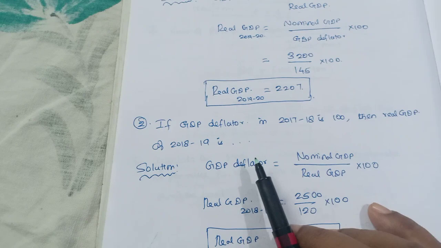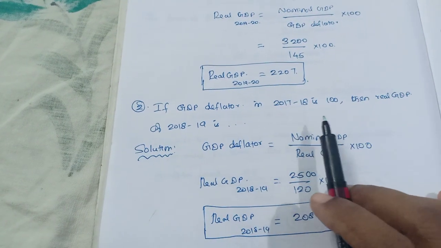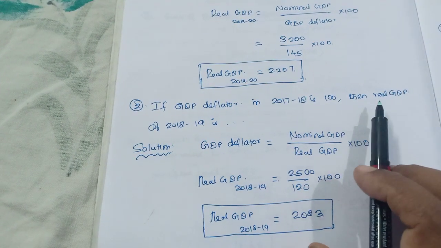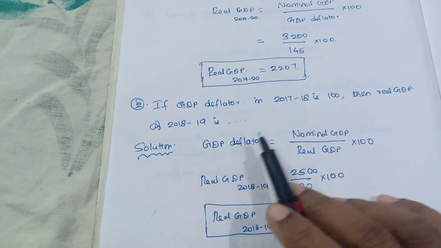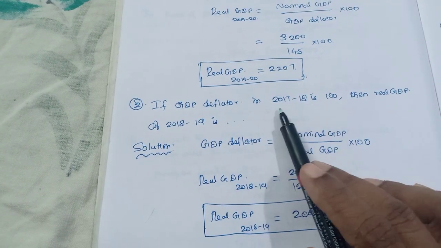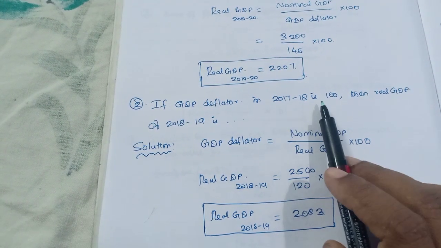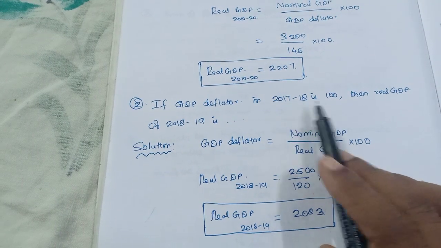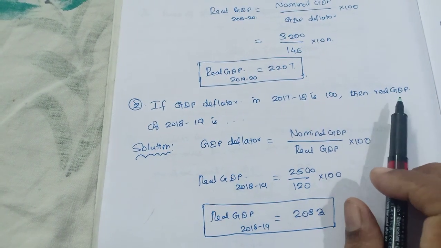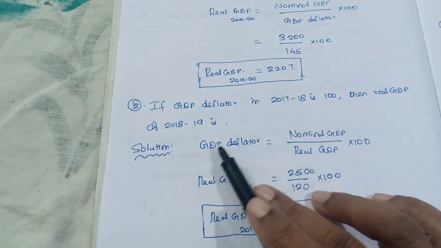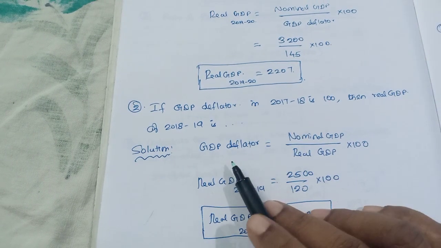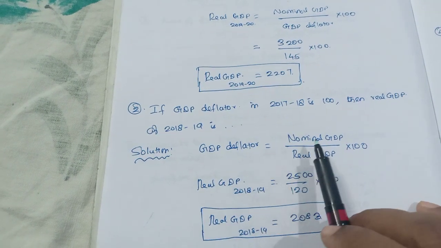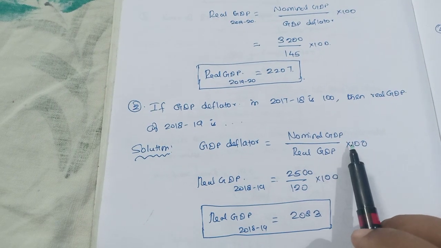And second question. If GDP deflator in 2017 to 18 is 100, then real GDP of 2018 to 19 is... this is irrelevant to our problem. 17 to 18 is 100, this is irrelevant to our problem, so we need not consider this data. And the next one, the real GDP of 2018 to 19 they have asked, the formula is the same. GDP deflator is nominal GDP divided by real GDP into 100.